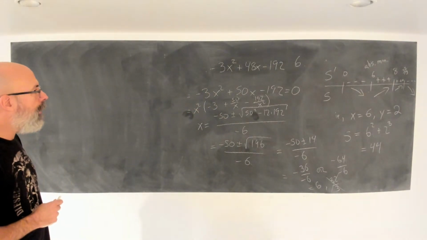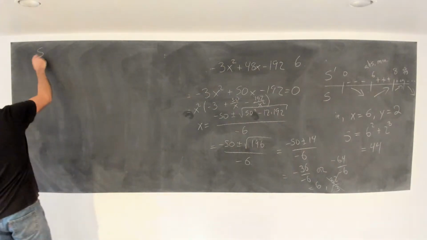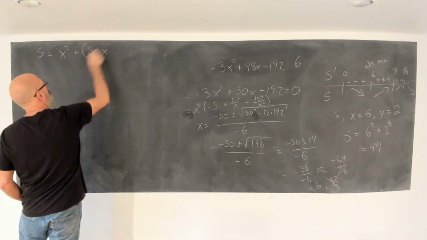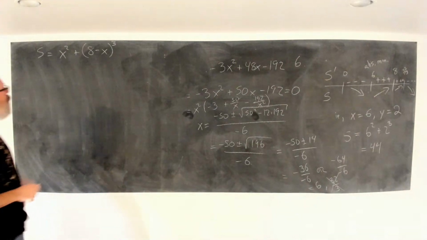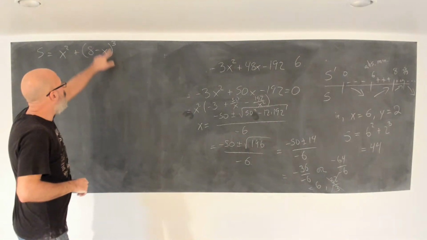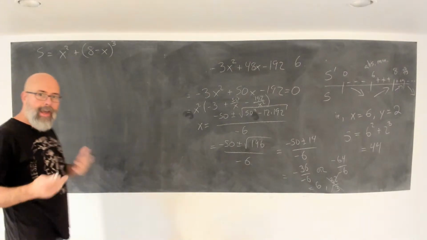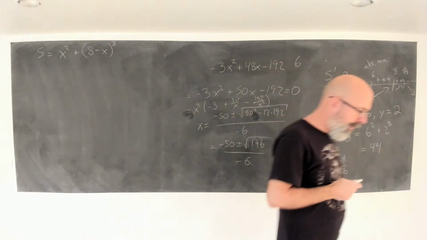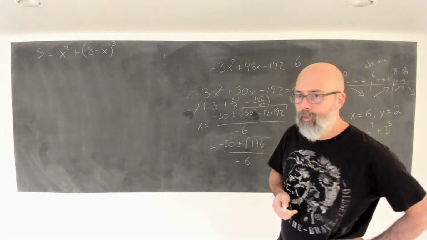And if you look at your original function, which was x squared plus 8 minus x cubed, as x goes to infinity, this is going to go to negative infinity. In fact, your whole s goes to negative infinity. So you don't have an absolute minimum.